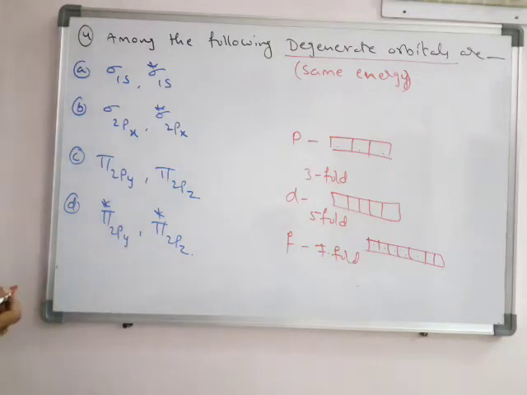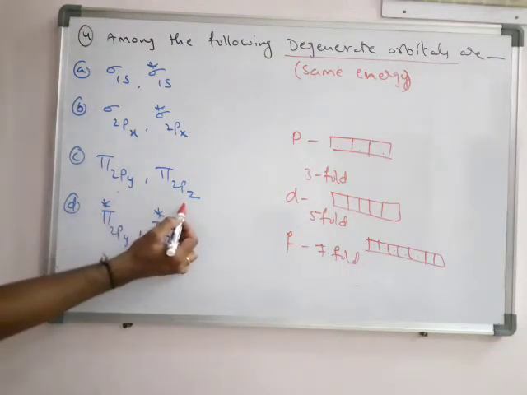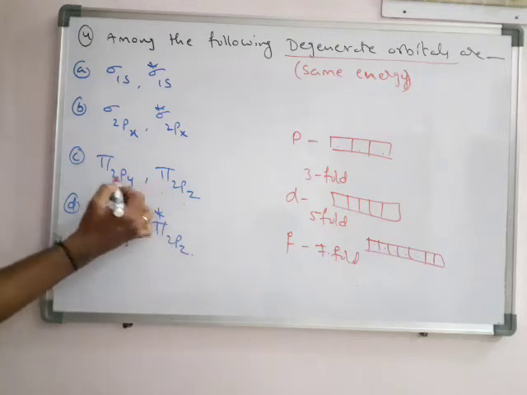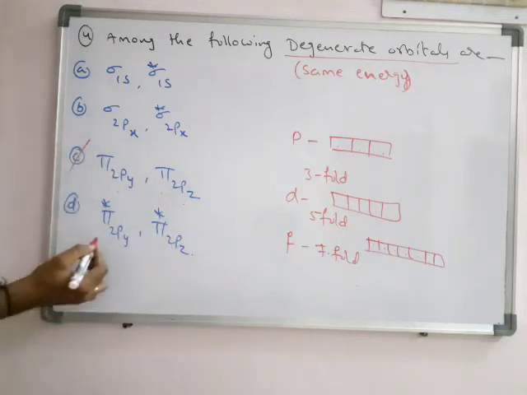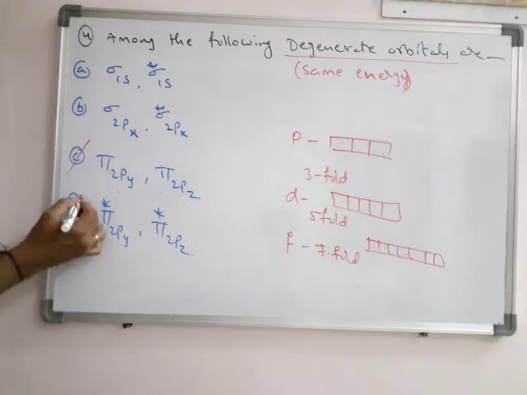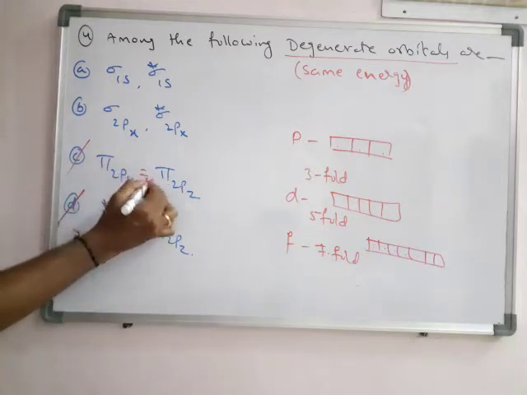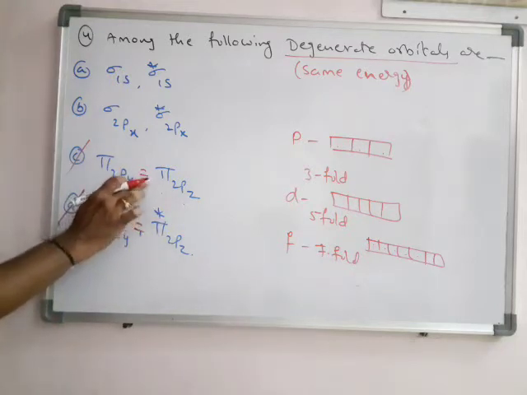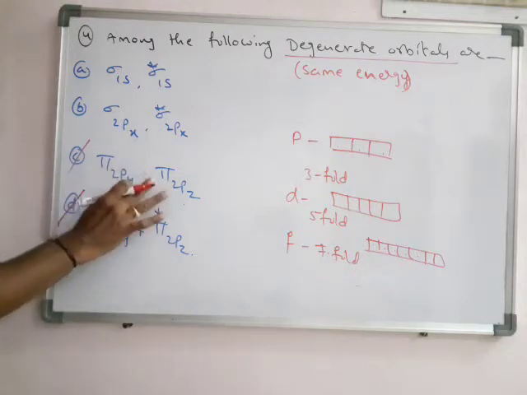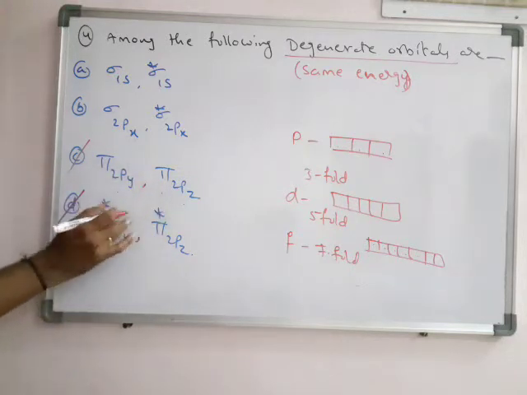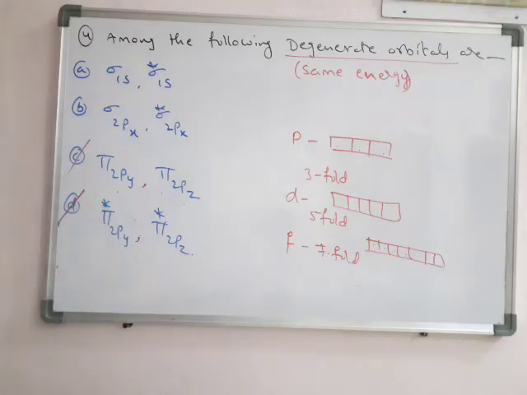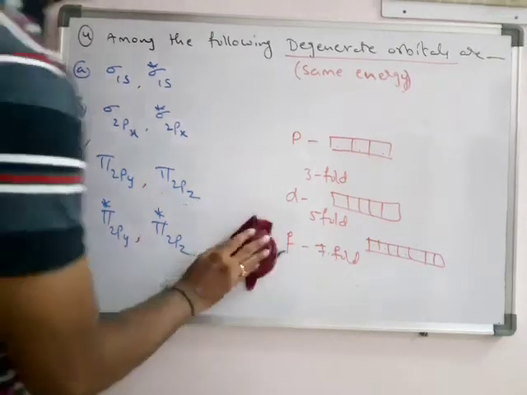Simply, which are degenerate: pi 2py, pi 2pz, both are pi. Next, pi star, both are of equal energy. In the configuration we used the equals symbol because they are having the same energy. Same energy orbitals are treated as degenerate orbitals.